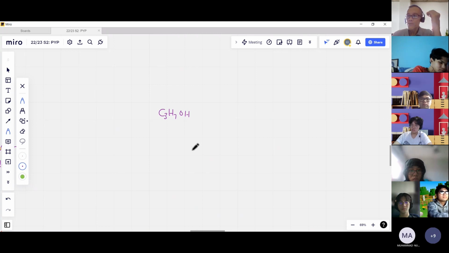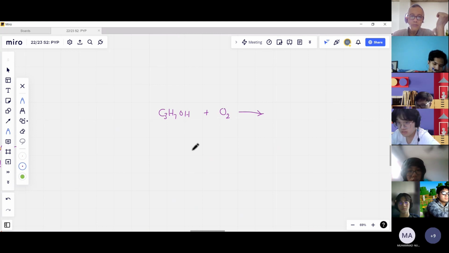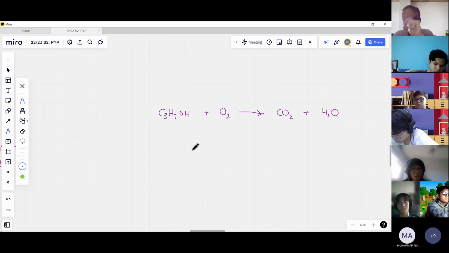Your question says, write out the equation for combustion of propanol. First, you need oxygen, O2, for combustion. And from your notes, an alcohol will produce 2 combustion products, one is CO2, one is water. Just look at this combustion equation and try to balance it. It shouldn't take too much time. Let's give you 3 minutes.